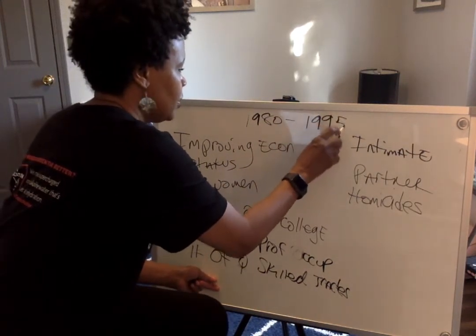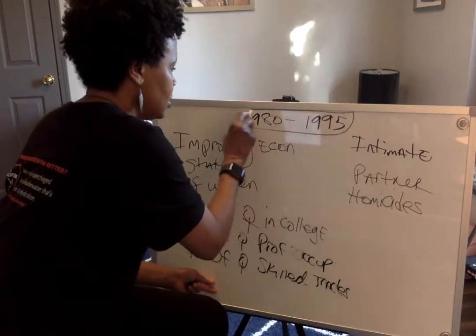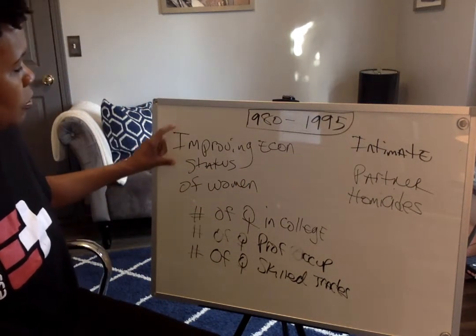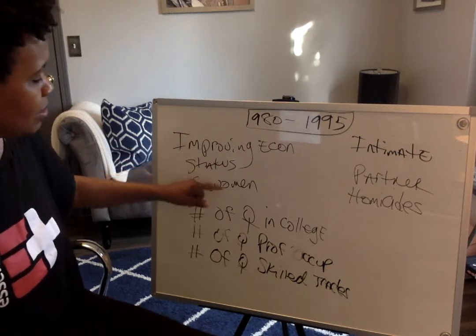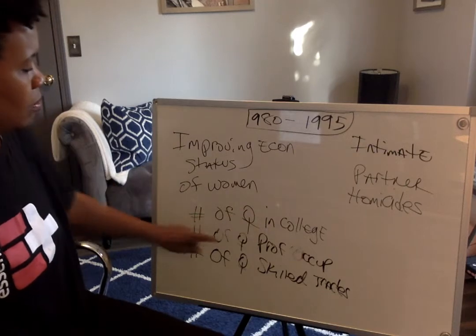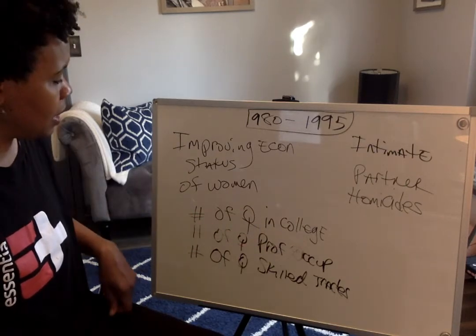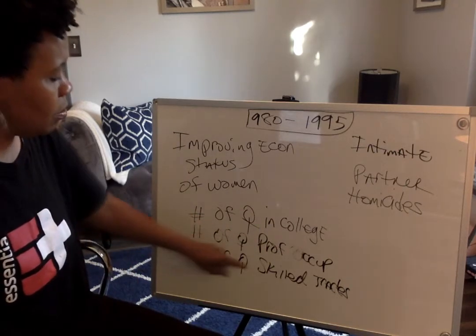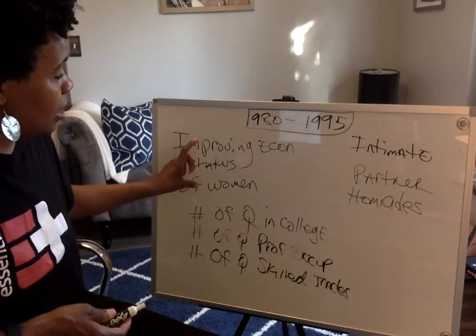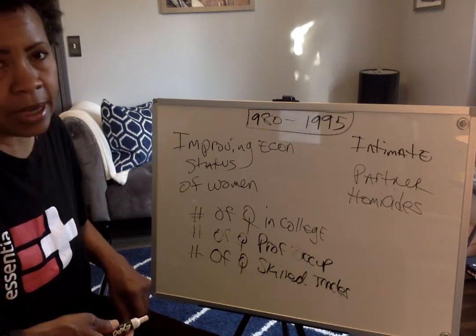So I had to look for data in the census statistics in these areas. Now, if I'm going to measure the improving economic status of women, I need to do that by looking at the number of women in college, the number of women in professional occupations dominated by men, and also the number of women in skilled trades dominated by men. So that's the way I gauge women's improving economic status.